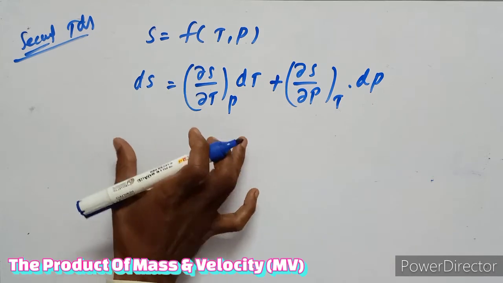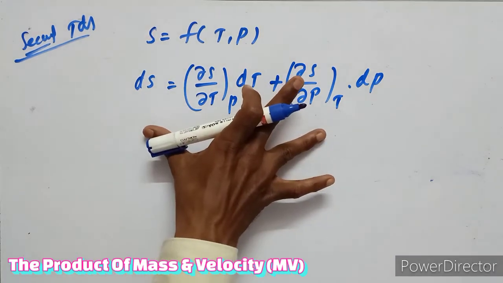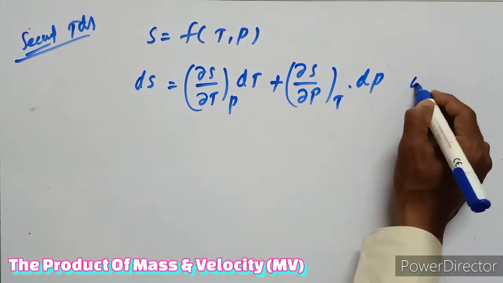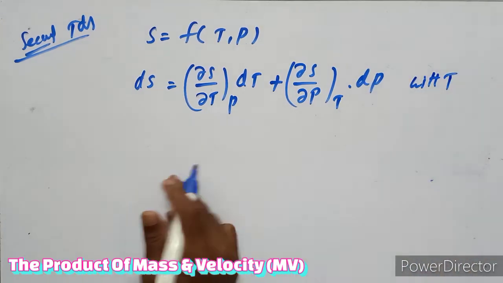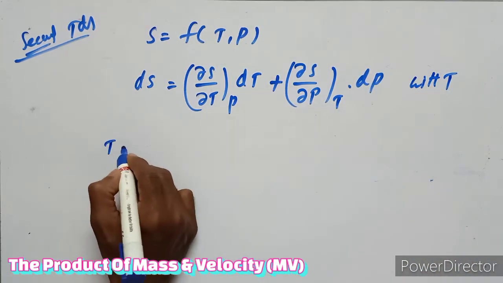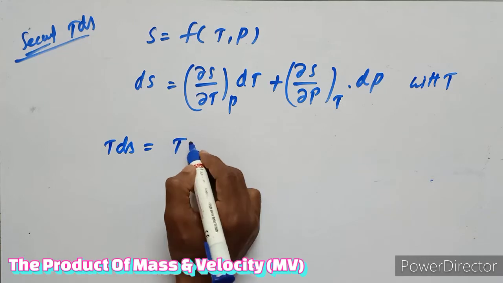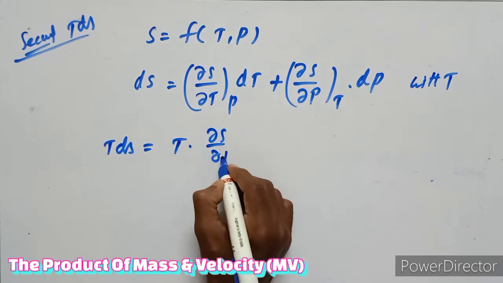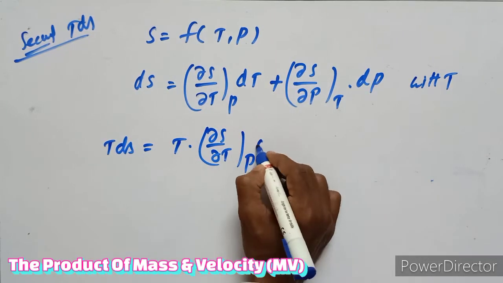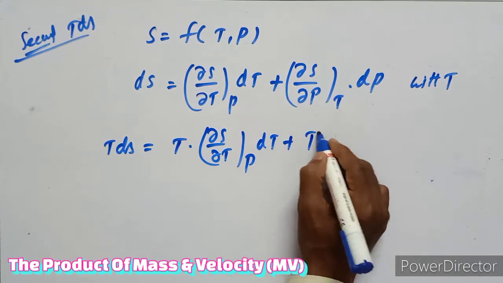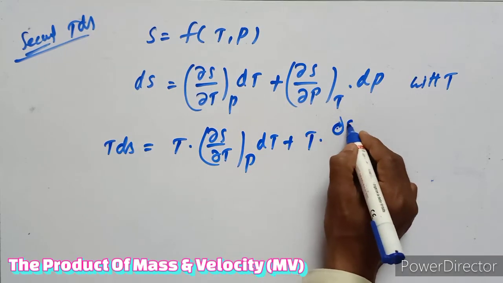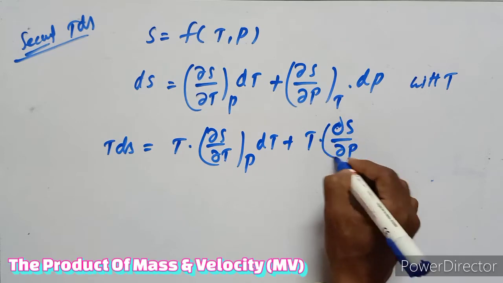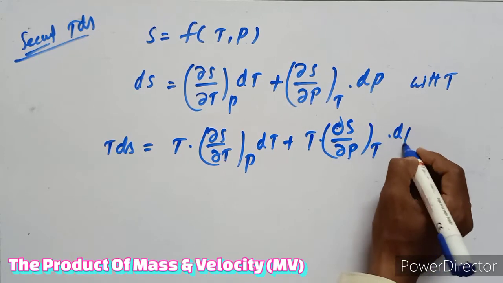So multiplying this equation on both sides with T, this equation can be written as Tds equals T into dou s upon dou t at p dt plus T into dou s upon dou p at t into dp.